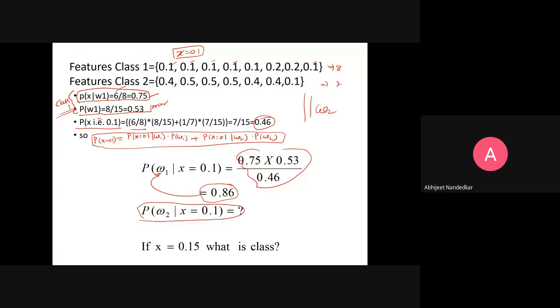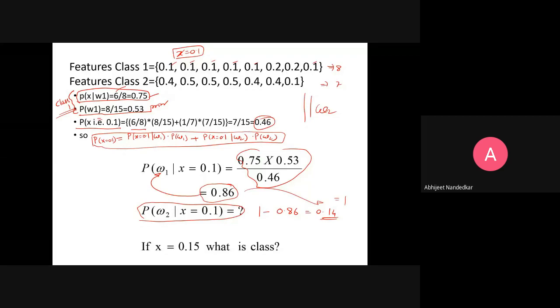Without calculation, I can just say it is 1 minus 0.86, because I know the sum of these two must be equal to 1. So, like this, we take Bayesian decisions based on these probabilities.